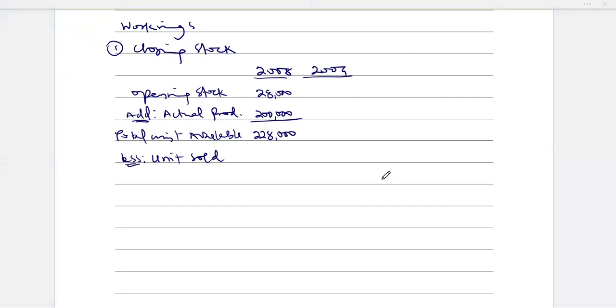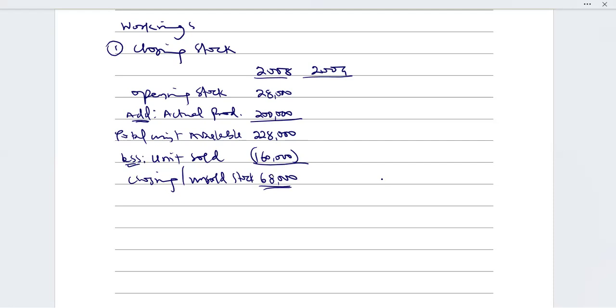In 2008, 160,000 units were sold. So less 160,000. The difference is 68,000. Thank you. So this is closing stock. You can call it closing or unsold stock. That is for 2008.